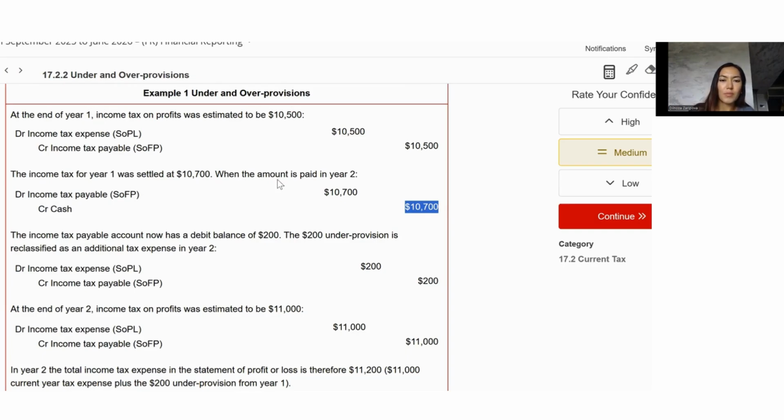Let's say you are paying the tax not straight away on 31st of December, but in March. You are paying cash 10,700 because you calculated already the final tax, and you are closing your income tax payable.